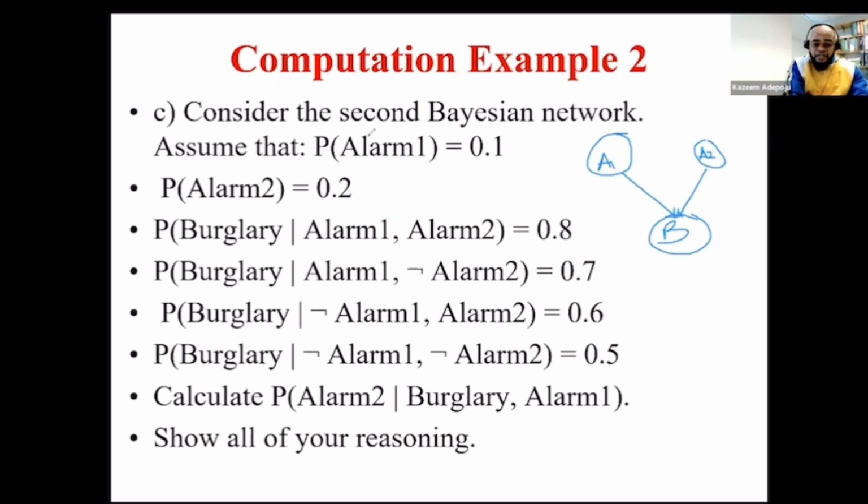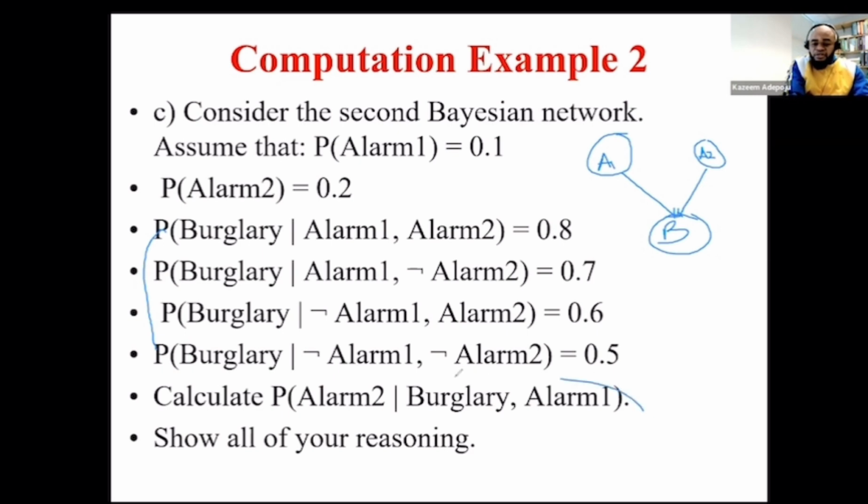Now you've been given alarm 1 to be 0.1, alarm 2 to be 0.2, and everything else you are given here is conditioned on burglary. So number 1, burglary conditioning on the joint A1, A2; burglary conditioning on alarm 1 and the complement of alarm 2; burglary conditioning on the complement of alarm 1 and alarm 2; and burglary conditioning on the complement of both.